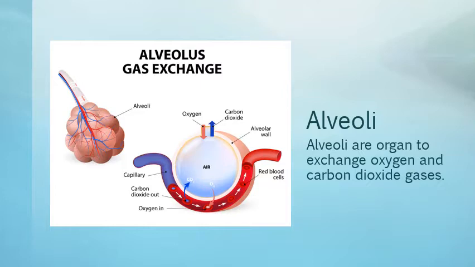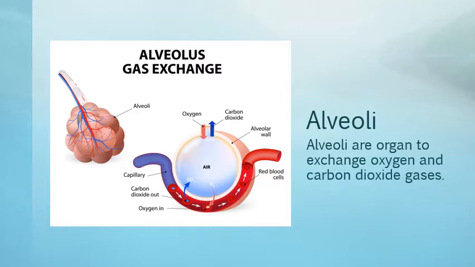Just for your information, the alveolar walls are extremely thin. It's about 0.2 micrometers and are composed of a single layer of tissue called epithelial cells and tiny blood vessels called pulmonary capillaries. Blood in the capillaries picks up oxygen and drops off carbon dioxide.